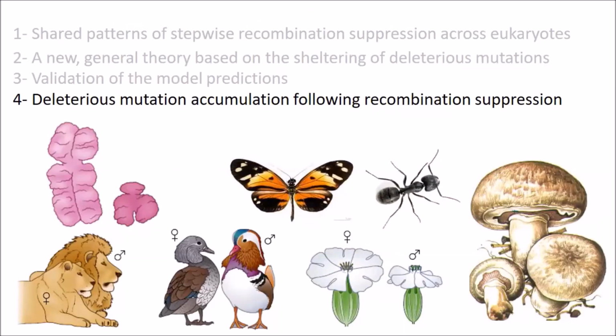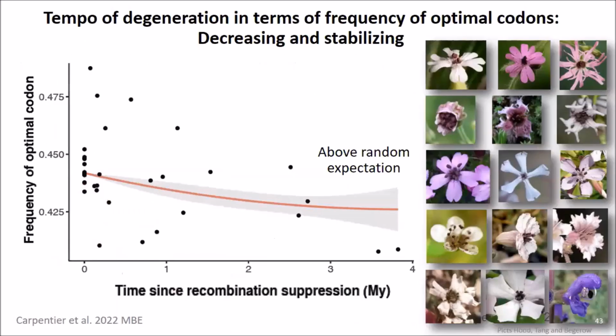And then we also studied the deleterious mutation accumulation following recombination suppression. Because we have these multiple fungi with independent evolution of recombination suppression, so both events of linkage of HD and PR loci, but also multiple independent strata.